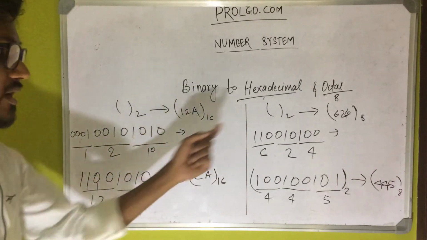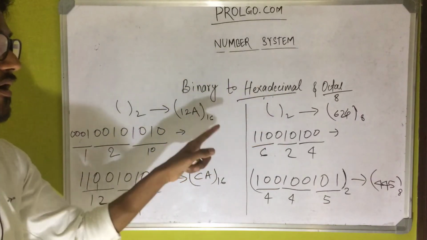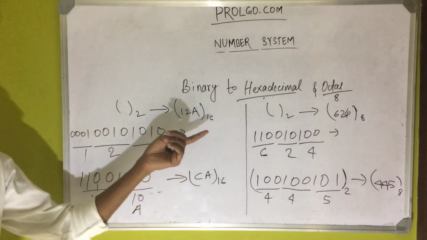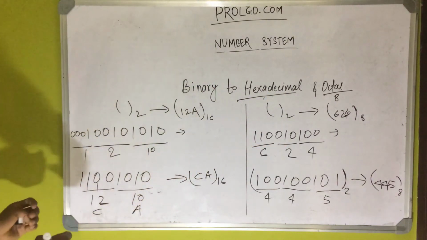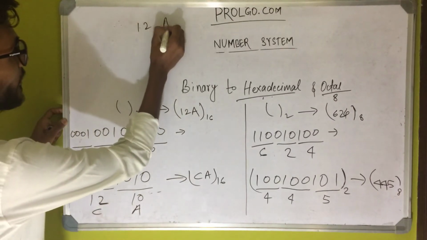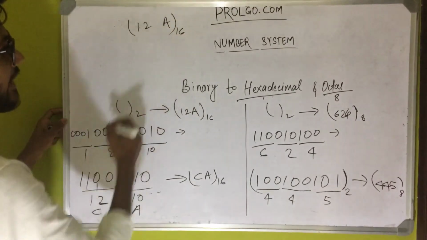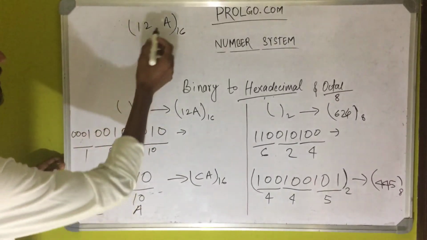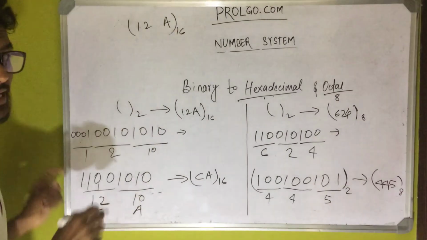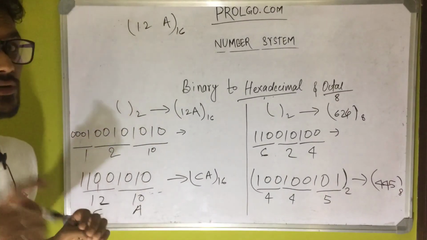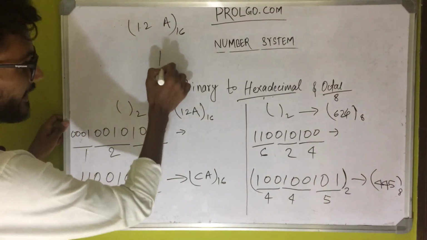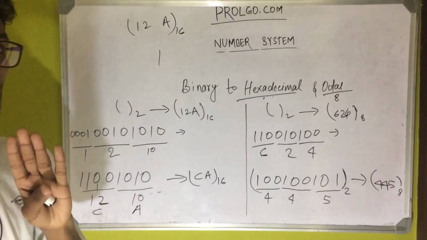Now I will tell you how to convert from hexadecimal to binary. Let's take the same number and convert it into binary. The number is 12A, and we have to convert it into binary. The first is A, which is 10, and you have to write it in 4 bits.